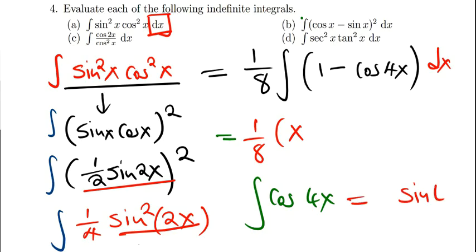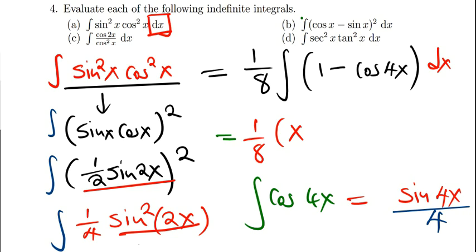4x. Now when you're integrating these trig functions, you are applying u substitution. So when you're integrating, you divide by the derivative of what? Of this part. The derivative of 4x is 4, so you divide by the 4. If you are differentiating, you multiply by that.